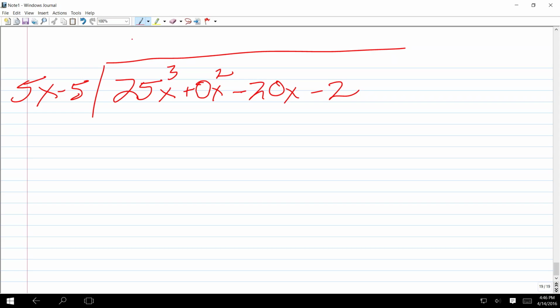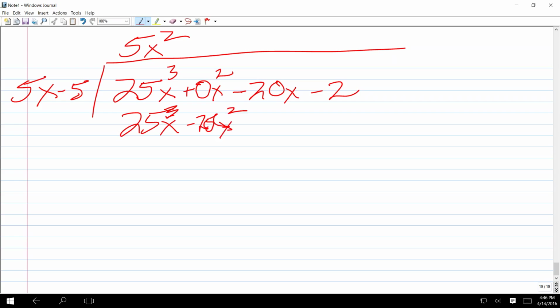So the 5x goes into 25x cubed, 5x squared. Yeah, I know. 5 and then x squared. So we know automatically that is true. What else? Right. And then you take the 5x squared multiplied by negative 5, which would make a negative 25x squared.